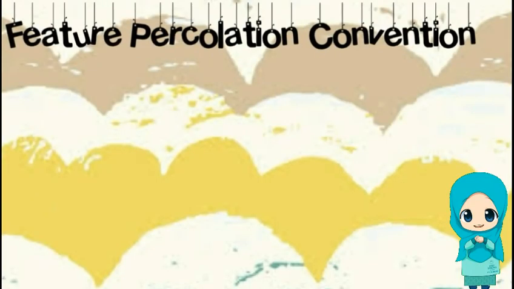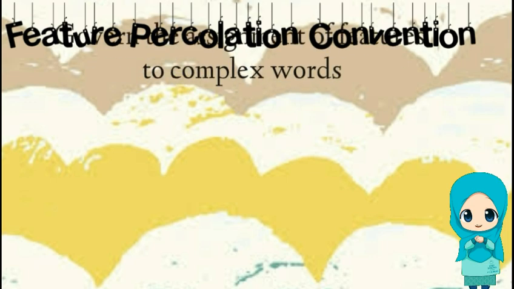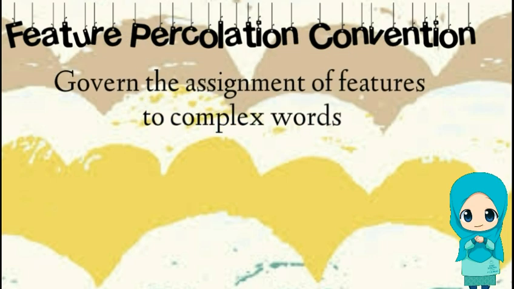Okay, last is feature percolation conventions. Feature percolation conventions govern the assignment of features to complex words. Feature percolation conventions are the same as the three morphemes, but focus on parts of the morpheme, like plus N or minus V. Plus N explains that the morpheme is part of a noun.